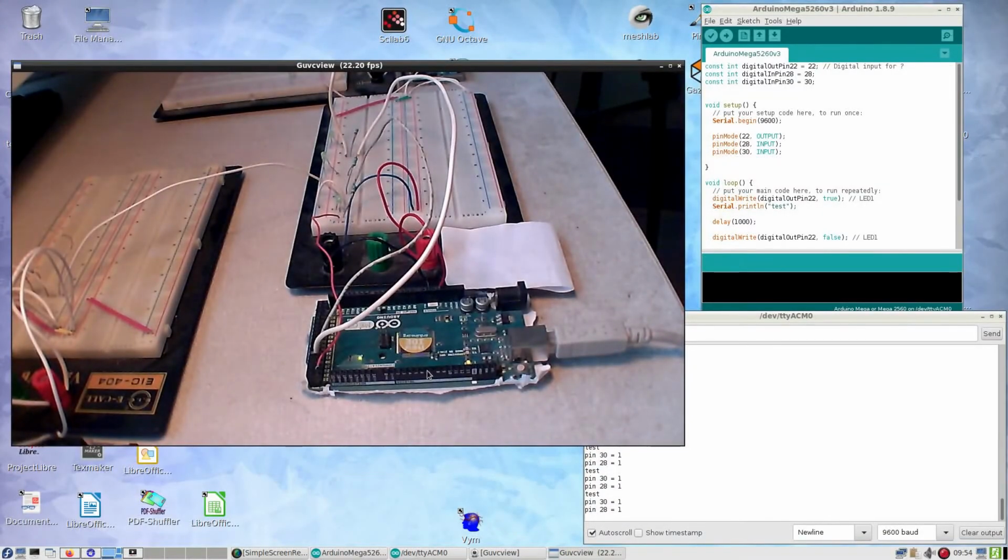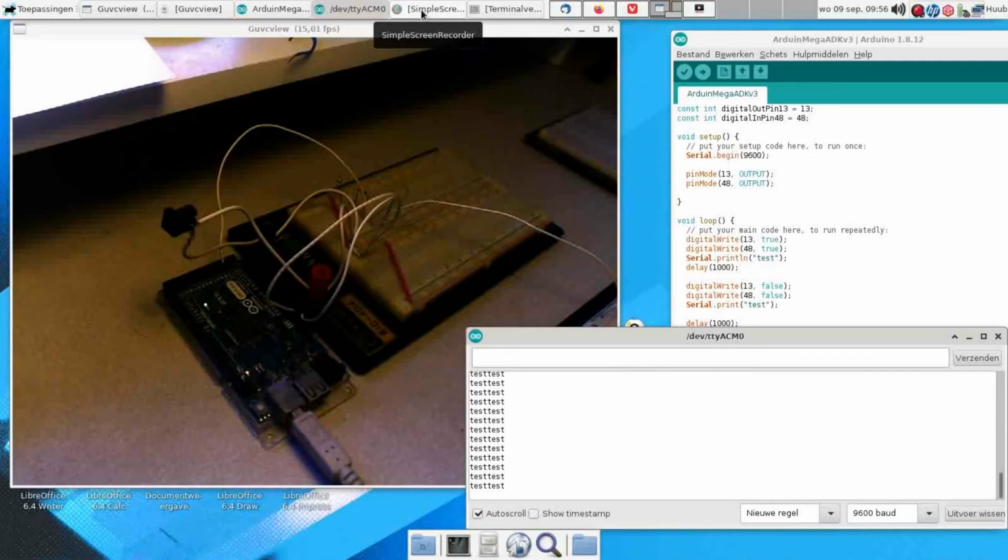What I did not mention in the intro is that all three boards are connected to a separate computer. So this is a different computer than the MegaADK, because that one is connected to this computer, and you can notice here that it is not English.